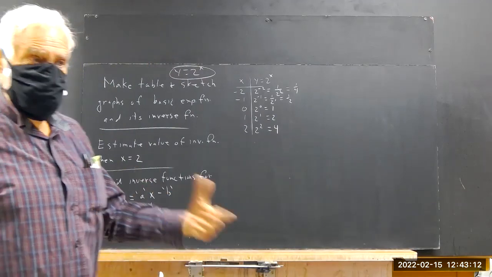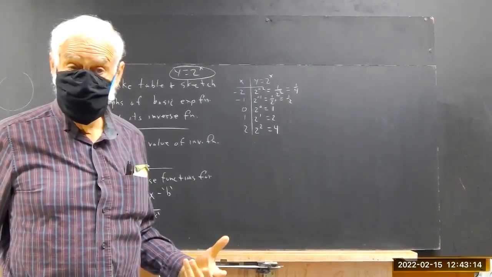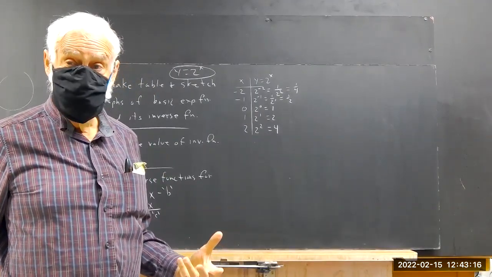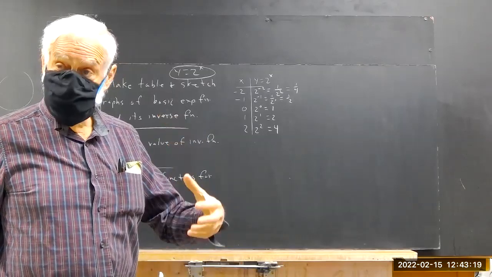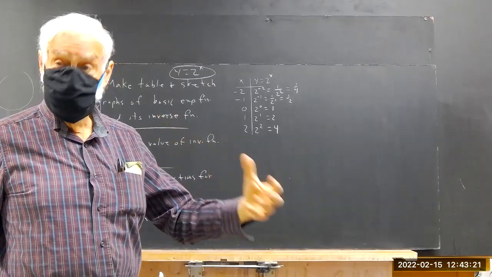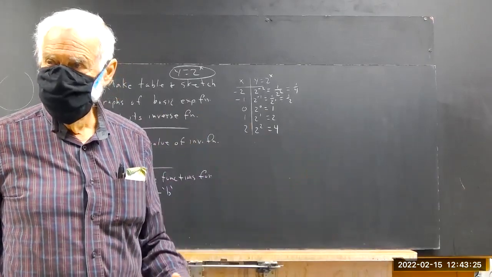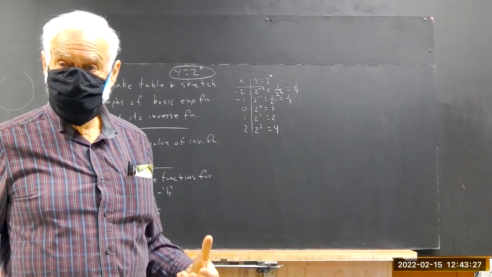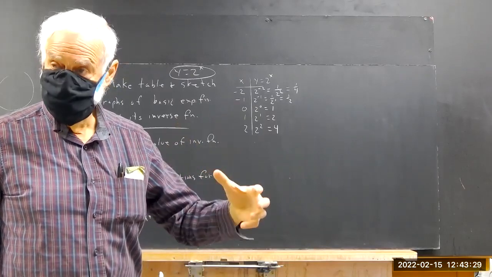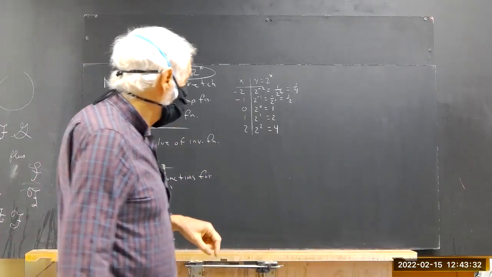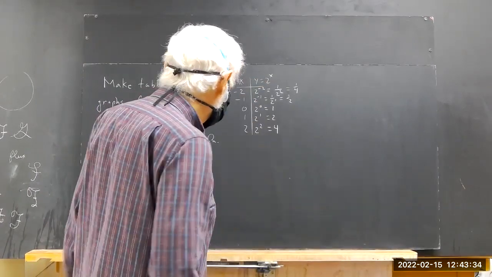I always have trouble in a pre-calculus class with people not knowing their basic arithmetic and being able to deal with fractions. Now, it's not that I have trouble, it's that students have trouble. Okay? You have to get this straight. Okay, so there it is.